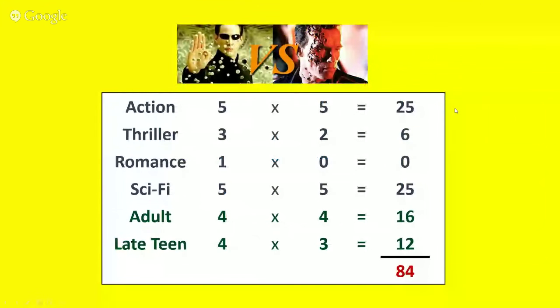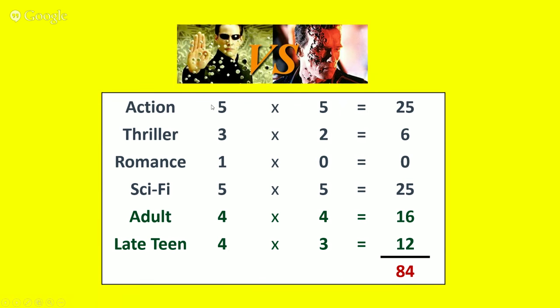So let's look at the Matrix and Terminator. Down the left hand side, we have all the profile keys that have been assigned to both those films, and all the scores, and we're multiplying each of those profile keys by each film.